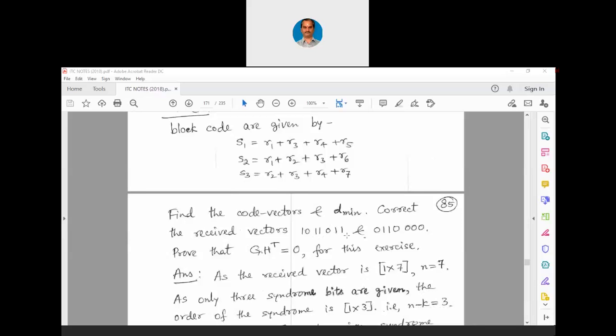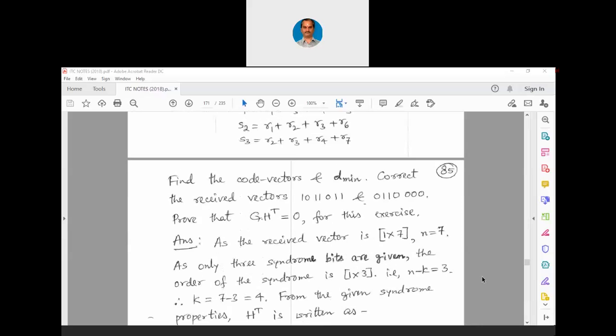The received vector is 7 bits. Syndrome is 3 bits. So the order of the syndrome is 1 cross 3. Order of the received vector is 1 cross 7. That means N equals 7 and N minus K is 3 because the order of the syndrome itself is 1 cross N minus K, right? So N minus K is 3. So K is how much? K is 4. It is a 7 cross 4 scheme.